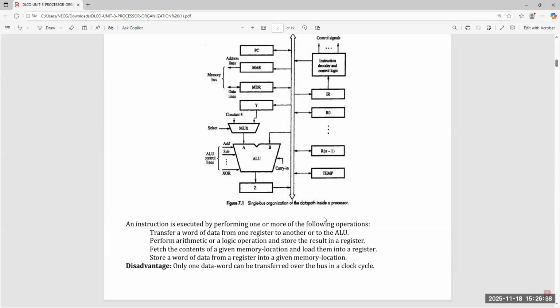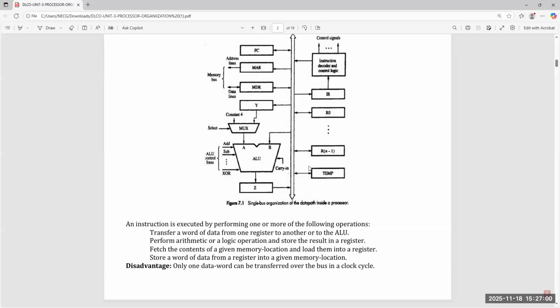Now, what are the disadvantages of the single bus organization? Only one data word can be transferred over the bus in a clock cycle, because it has a single bus.